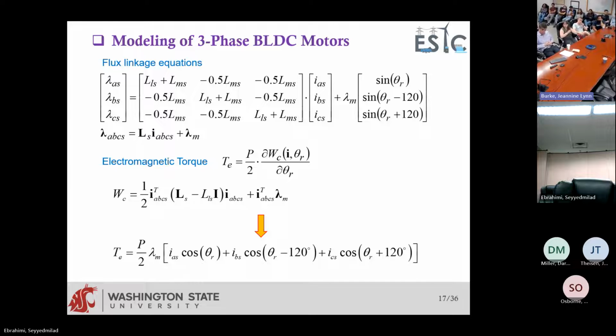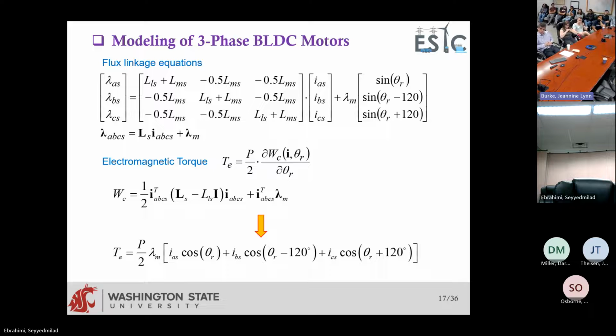You will only have the second term. Because it's a function of theta, it's going to be IA multiplied by lambda multiplied by the partial derivative of this, which is going to be cosine of theta. Then IB multiplied by lambda multiplied by the derivative of this, which is going to be cosine of this minus 120. So this is also the way we model electromagnetic torque.